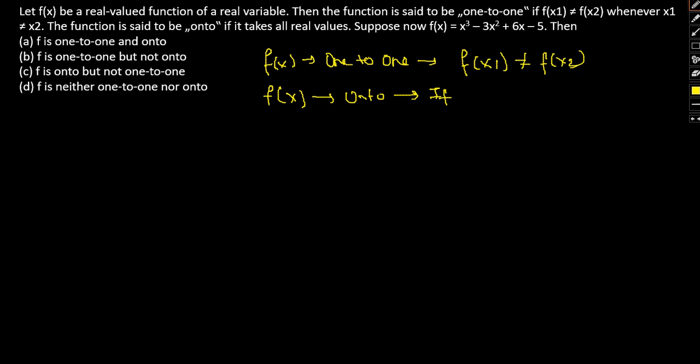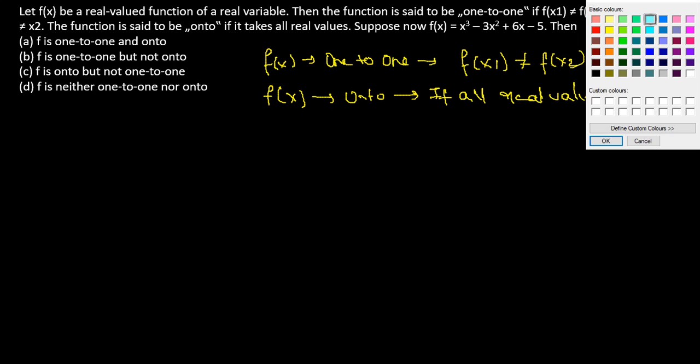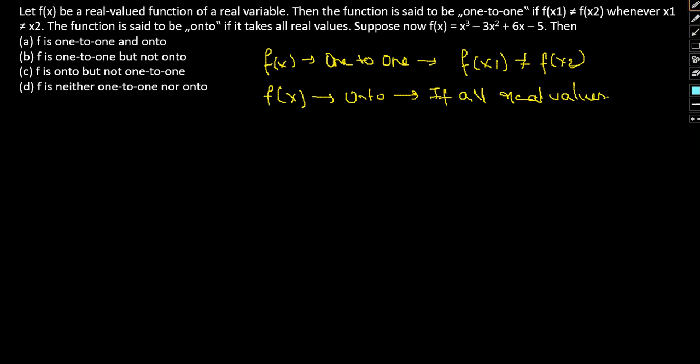So these are the two conditions on which we have to check this particular function. So let's take the function first. f of x equal to x cube minus 3x square plus 6x minus 5.